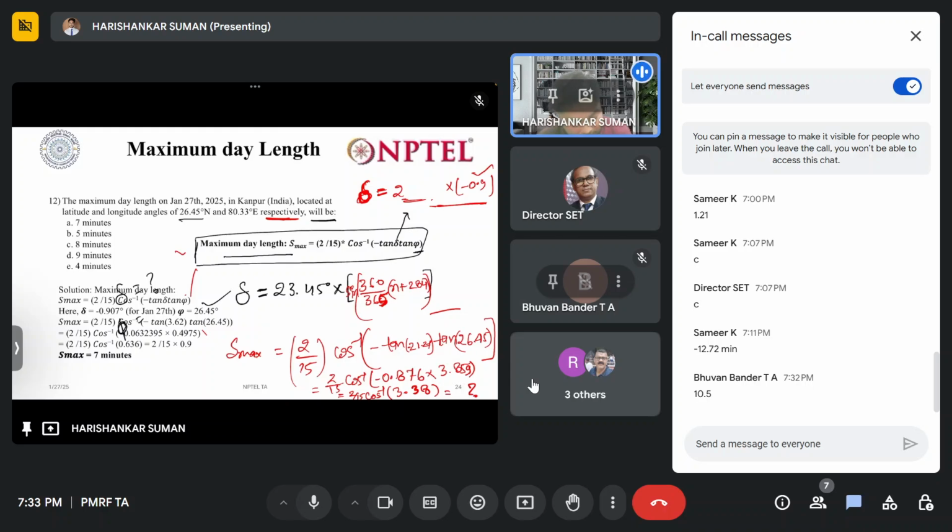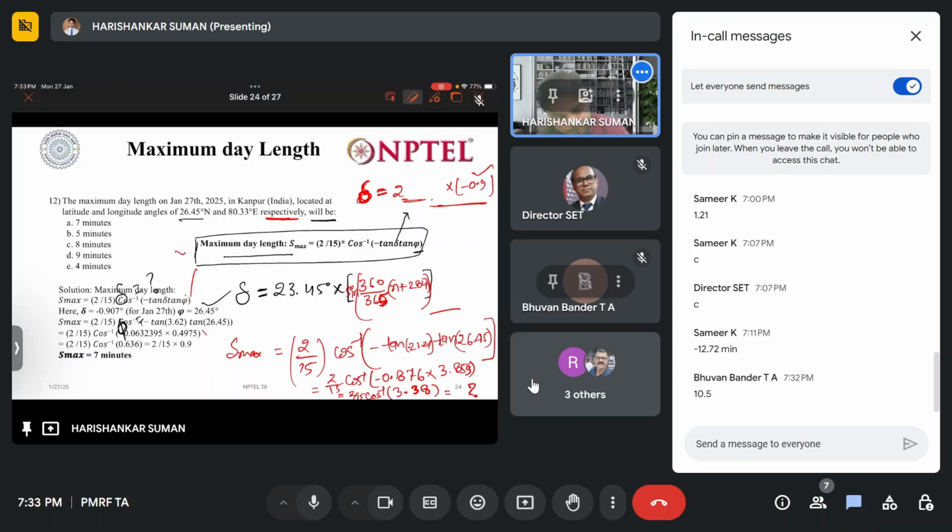Then in this expression, please find. So solve this equation, nothing else. So this is a wrong answer because we have used the wrong delta.